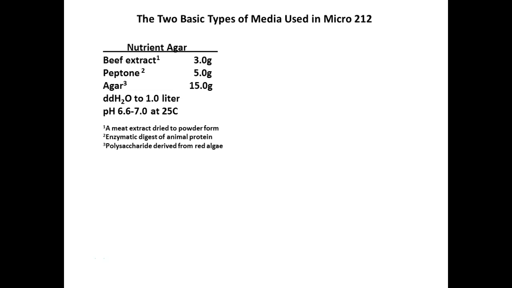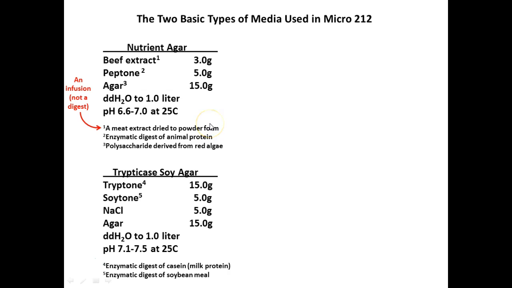So it's a very diverse food source. Most of them, especially pathogenic ones, like to eat it. So it's, believe it or not, not all that different from us. Nothing is digested in the beef extract. Tryptic soy agar is another one that we commonly use.